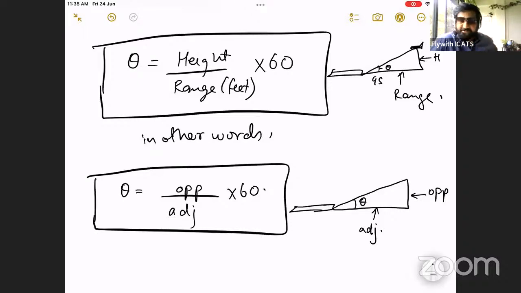No questions? Should we solve sums? Swati is saying yes. Hardik, Rishi, and Lakshya.